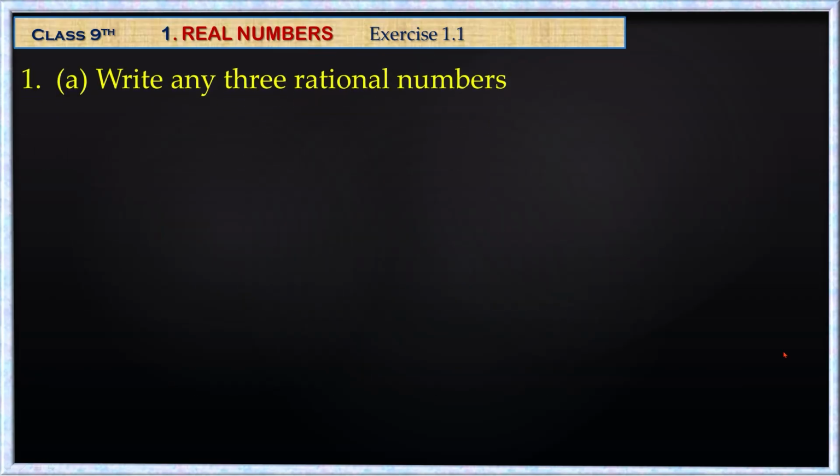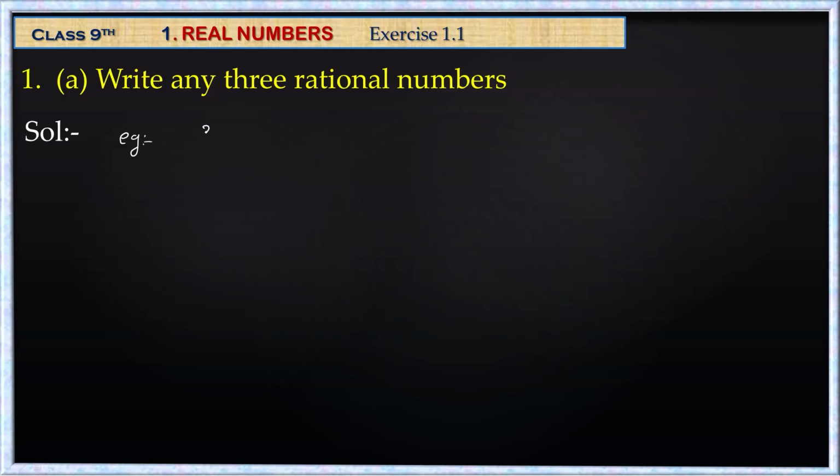First problem, A bit. Write any three rational numbers. We know that the rational numbers are in the form of p by q, where p and q are integers.